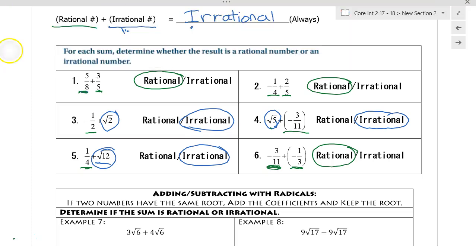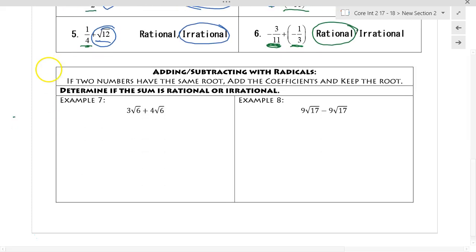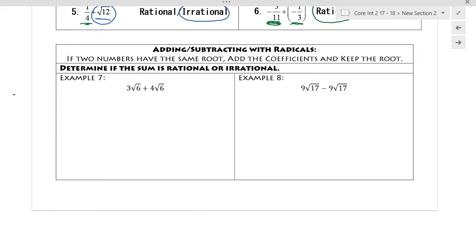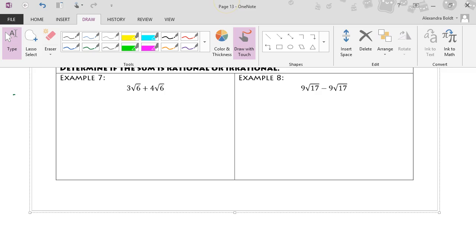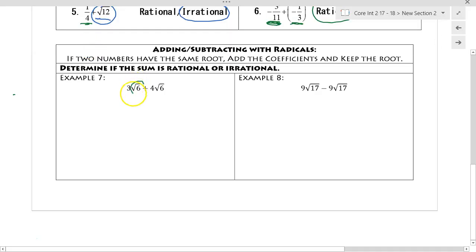All right, let's look at some examples of how to actually add these things together. If two numbers have the same root, remember, root is another word for that radical, you add the coefficients and keep the root exactly the same. So here, my roots are the same. I have a square root 6 and a square root 6.